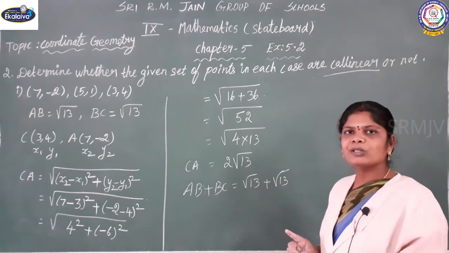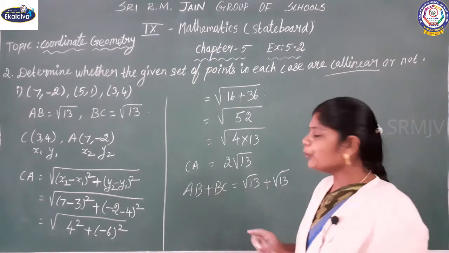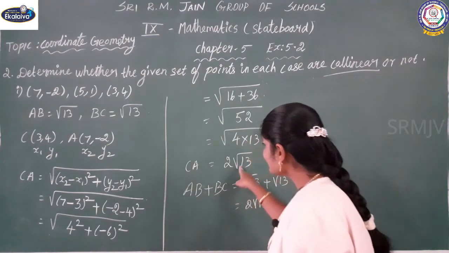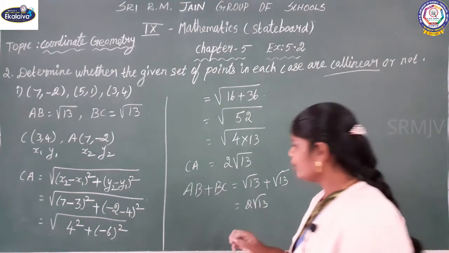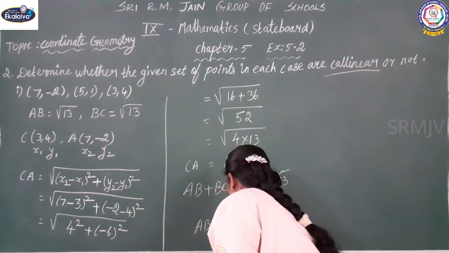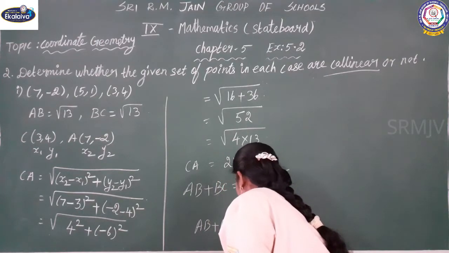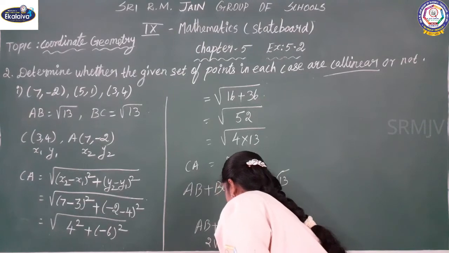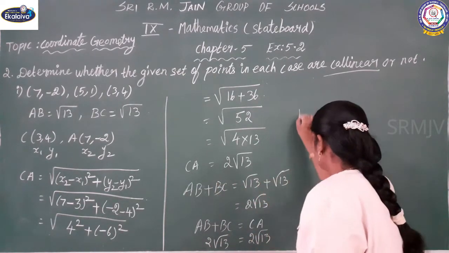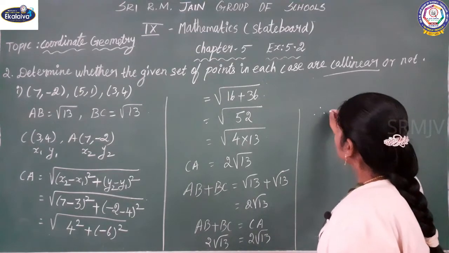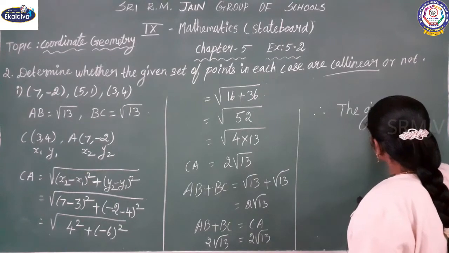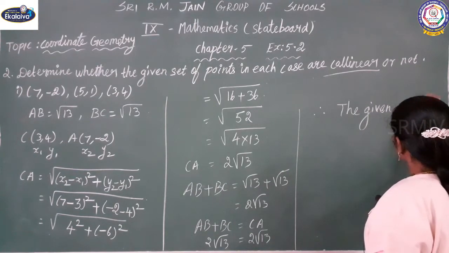Root 13 plus root 13, what will you get, children? 2 root 13. Okay. So this value is equal to CA. Okay. So AB plus BC is equal to CA. 2 root 13 equal to 2 root 13. So, therefore, the given points are collinear.